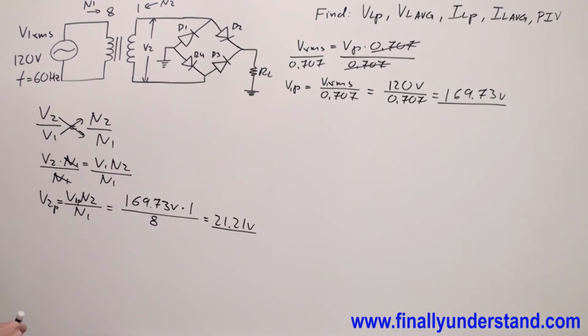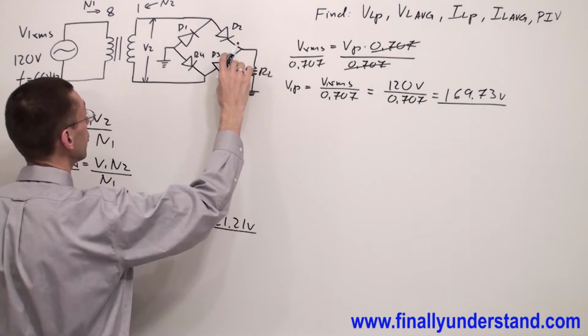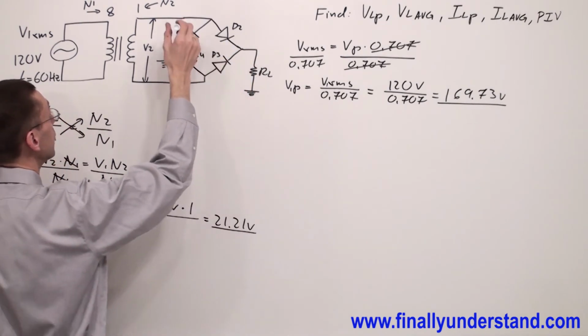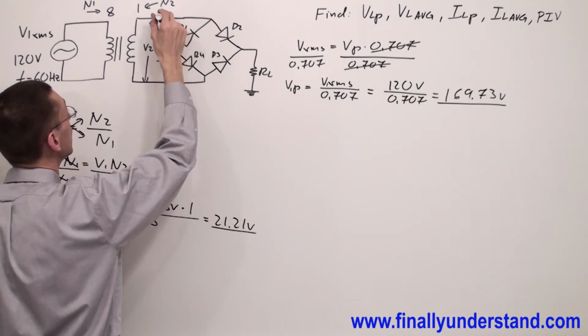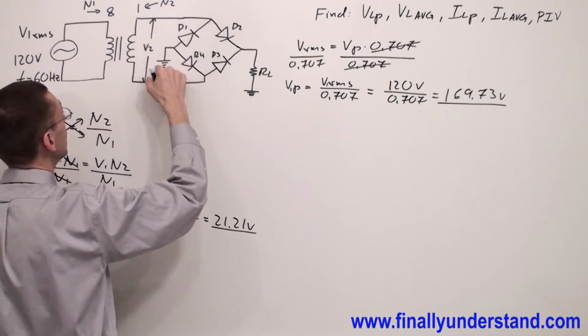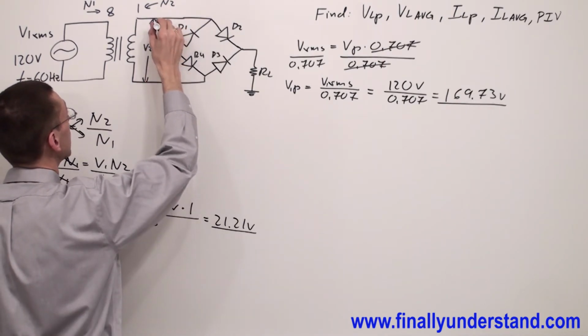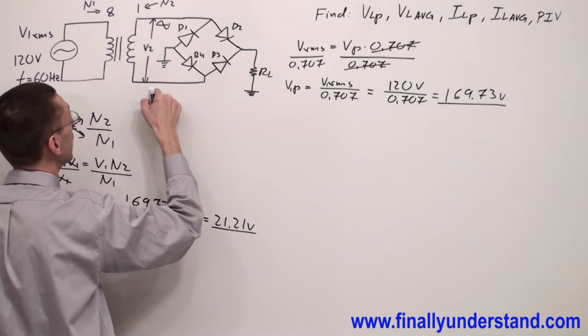Next, I'm supposed to find VL peak. VL peak is the voltage peak across resistor RL. Please notice that this time current is going to go through 2 diodes when the positive half cycle comes to either of these 2 terminals. Anytime I have the positive half cycle at the top terminal, I'm going to have negative at the bottom.